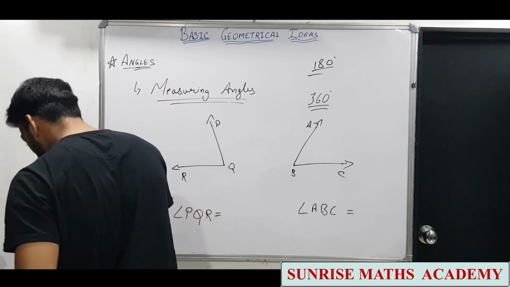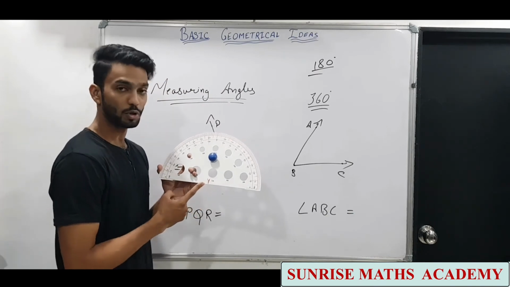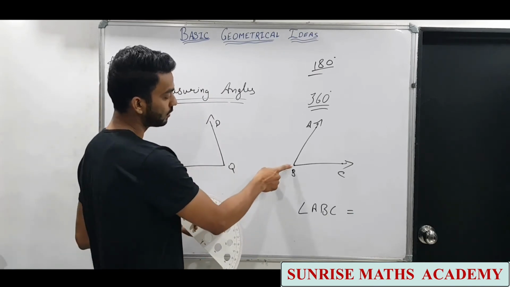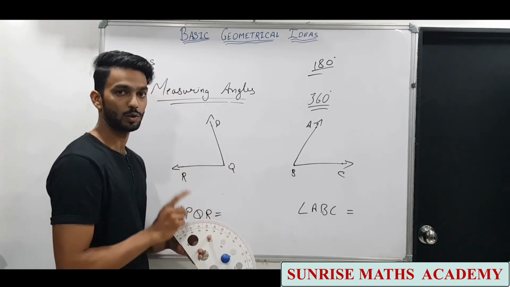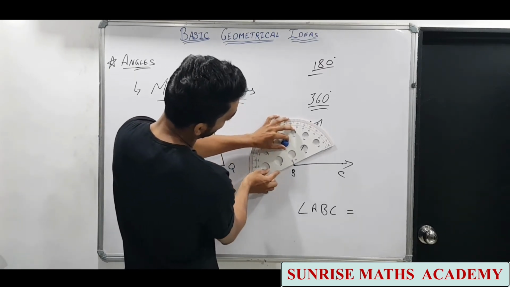Now when we have to measure the angle, the center of the protractor will come on the vertex of the angle, whatever angle you will be measuring. That is the first thing you have to keep in mind.